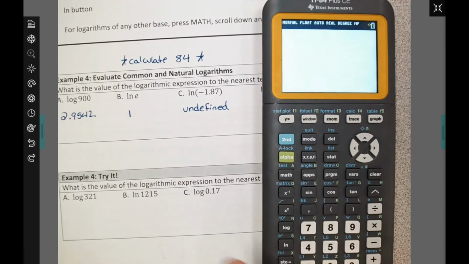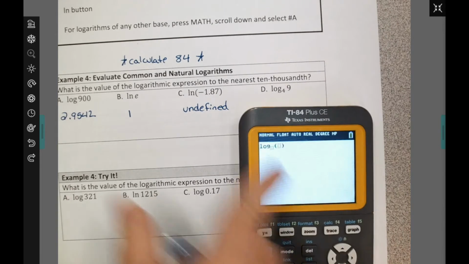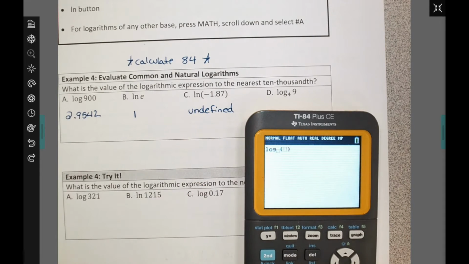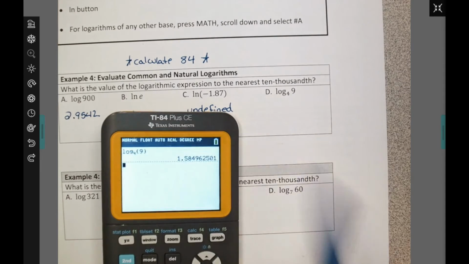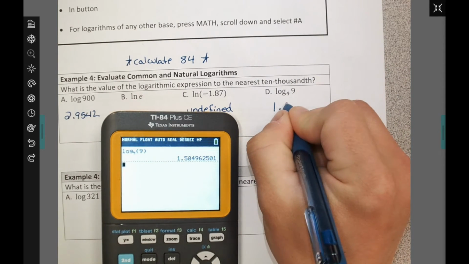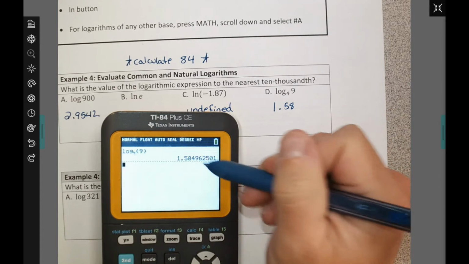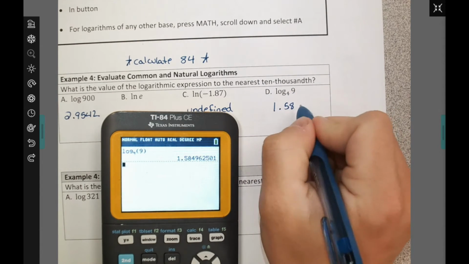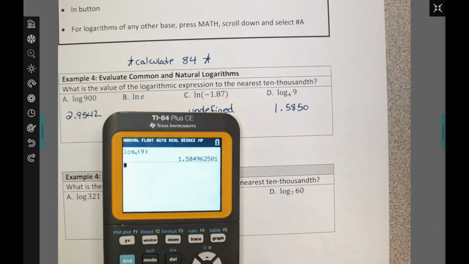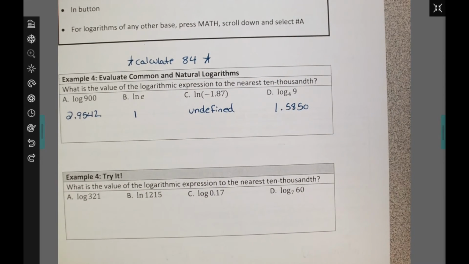You go ahead and hit enter on log base, and then you type in exactly how it looks. So I have log base 4 of 9, and we get our answer of 1.58. If I go to the 4th decimal place, 1, 2, 3, 4, that would actually round up to 1.5850. But again, you can use your calculator to evaluate some of these.